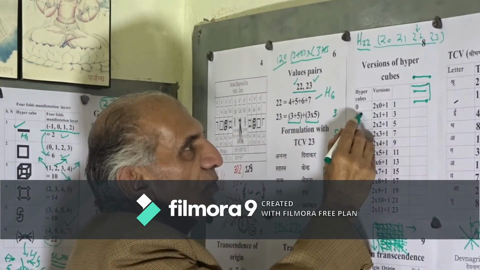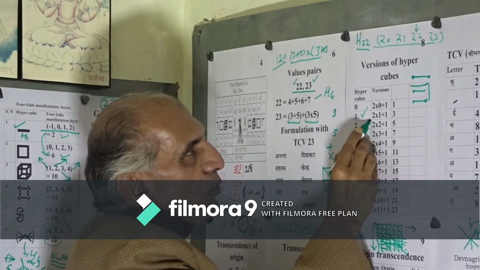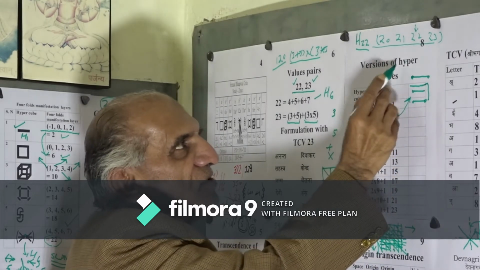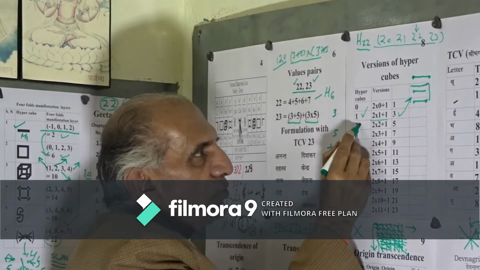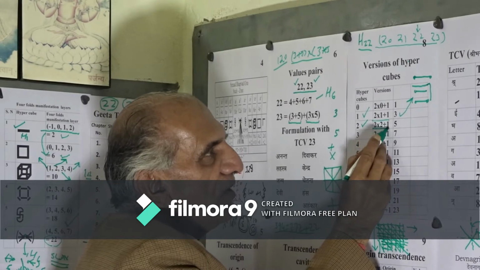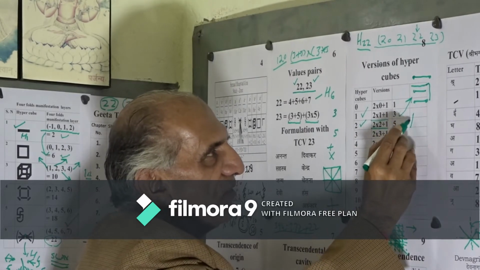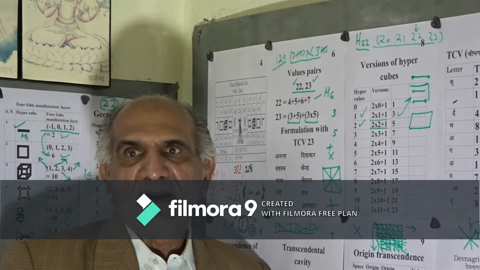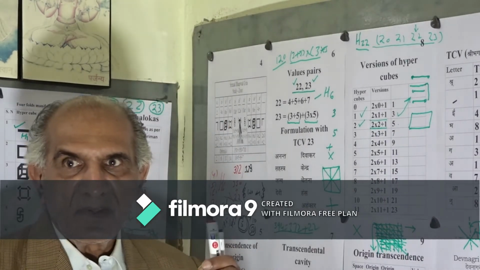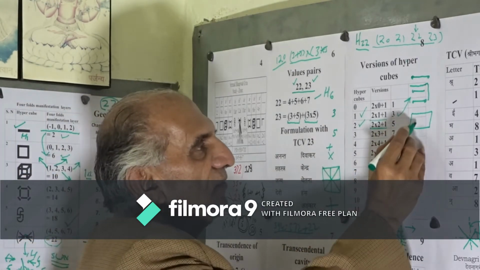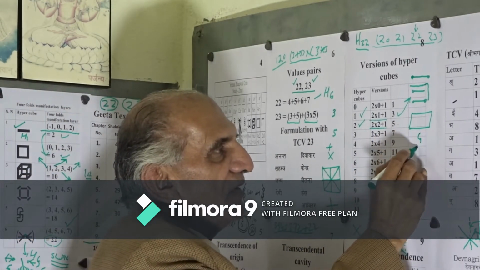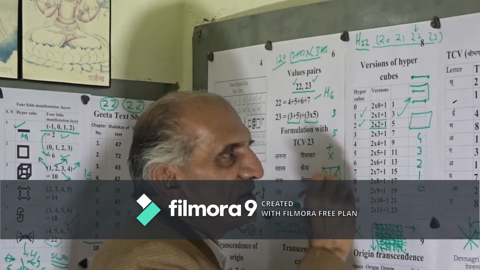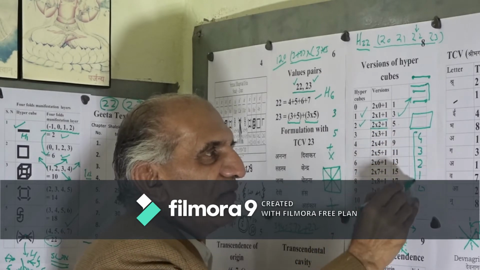So hypercube 1 gives us 2 into 1 plus 1 is equal to 3 versions. So when we are at 2, we will have 2 into 2 plus 1 is equal to 5. It would be a blissful exercise to see that we have a square with 4 end lines. The first stage would be when all the 4 lines are available, when 3 are available, 2 are available, 1 is available, and no edge is available. This will make 5 versions.